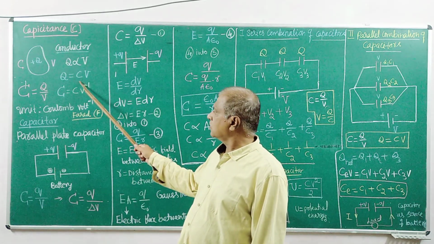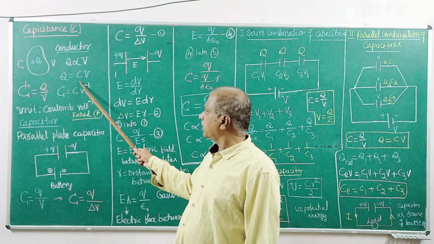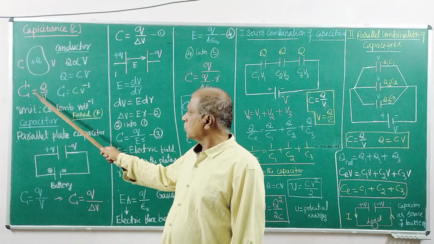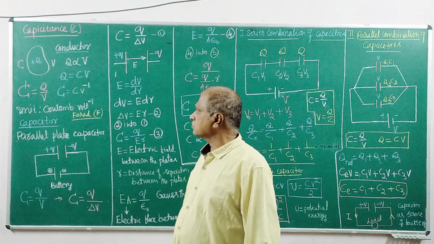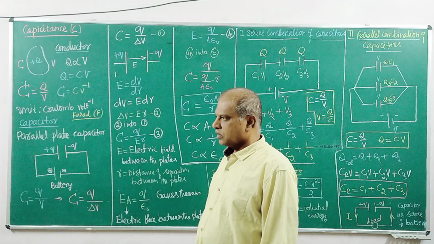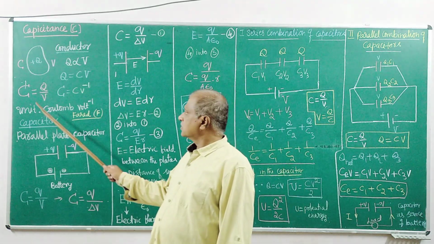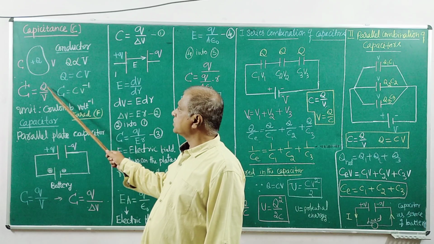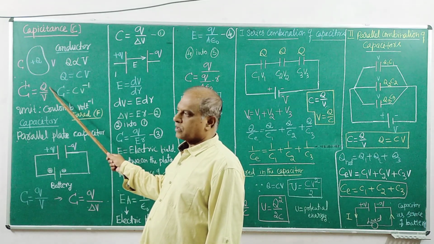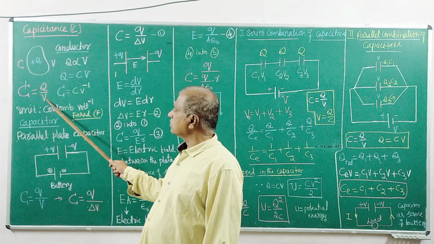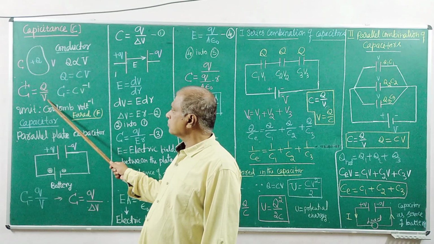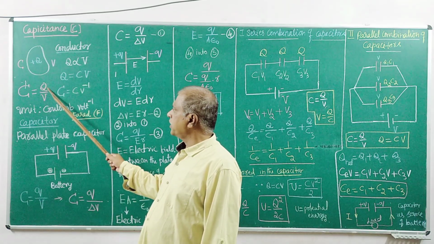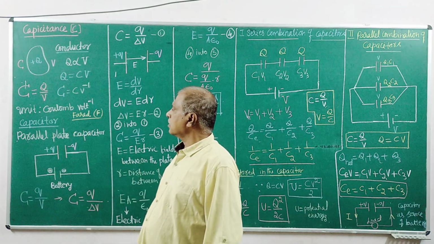This equation we can rewrite as C is equal to Q by V. That means the capacitance of the conductor is the ratio of the charge accumulated and the potential of the conductor.